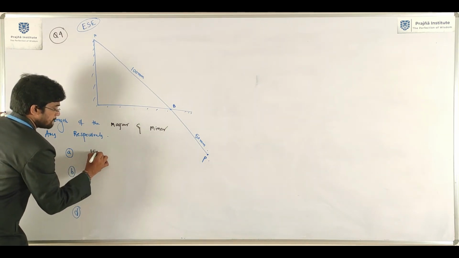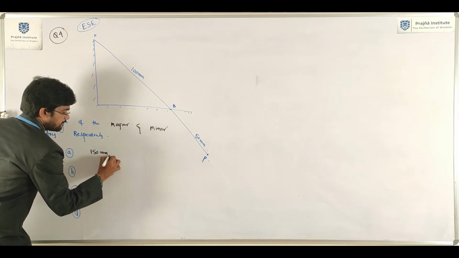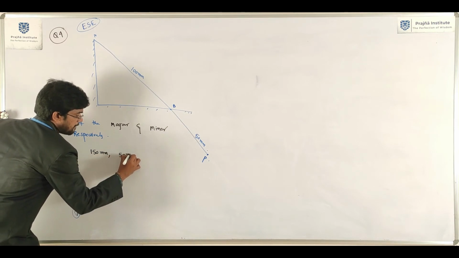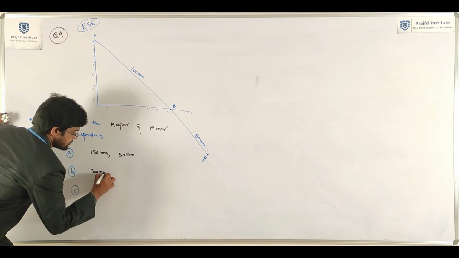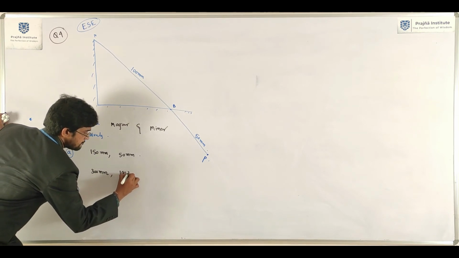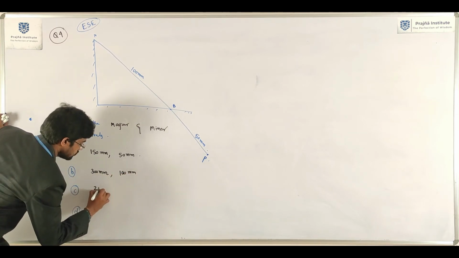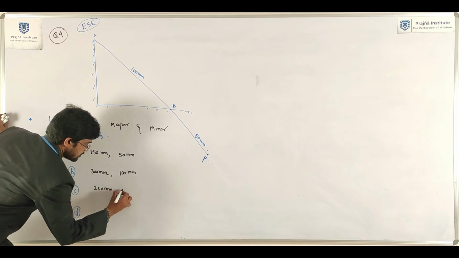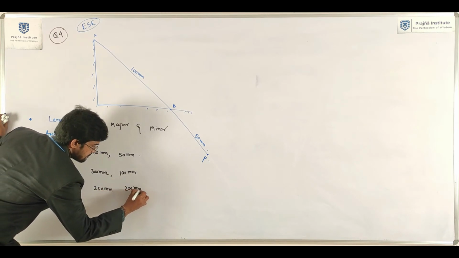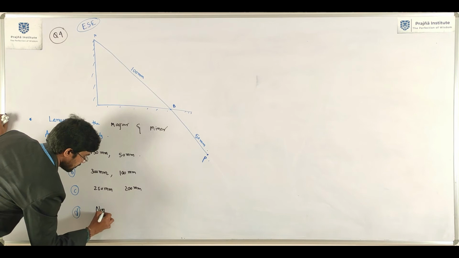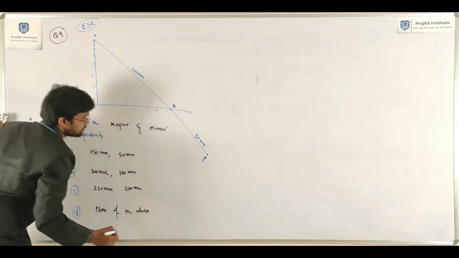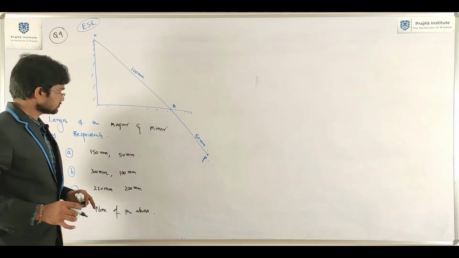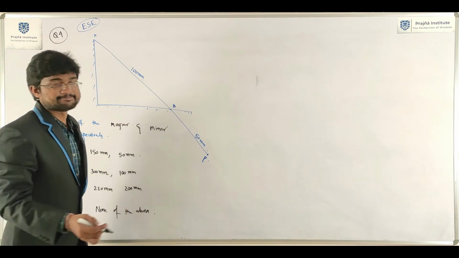First option: major 150 mm, minor 50 mm. Here it is 300 mm, 100 mm. Then 250 mm, 200 mm, and none of the above. Here it is very simple.